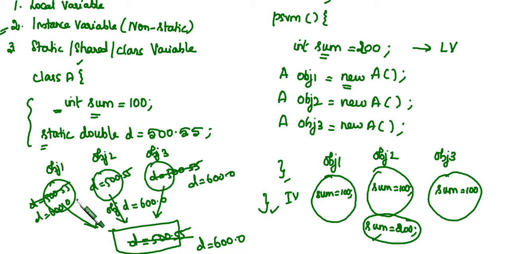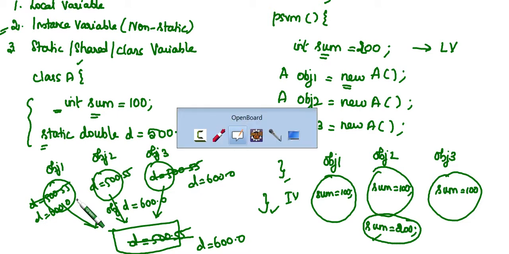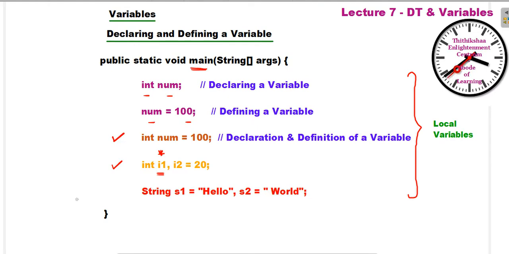We will see a program for this and we will see the explanation also. So this is the way you declare and define a variable. This is within the main method. But within the class level you cannot do this. Say for example, I have class A, here int num, num equal to 100.